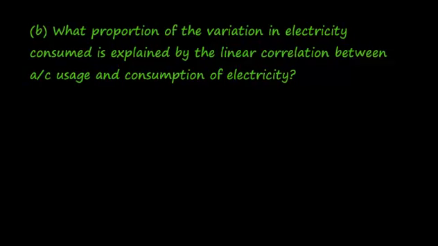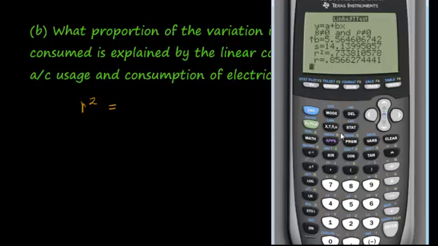So where do we get that? Recall that's R squared. So back to our calculator, let's find R squared. There it is, 0.7338. We'll write that to 3 decimal places, 0.734.